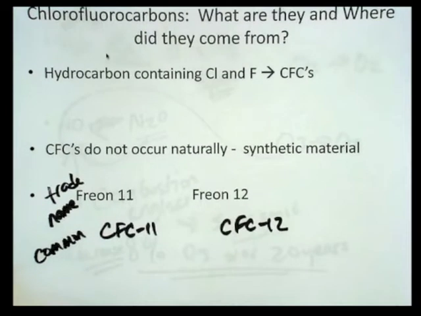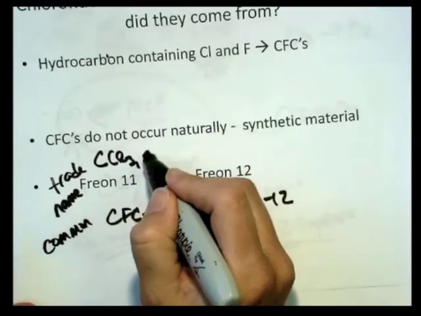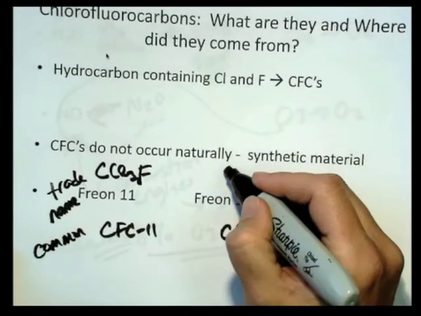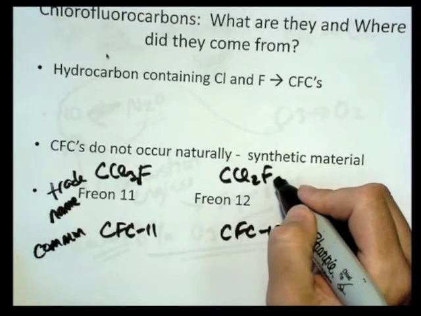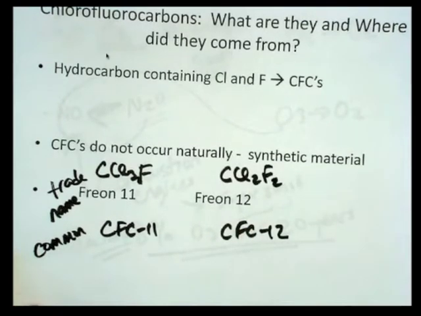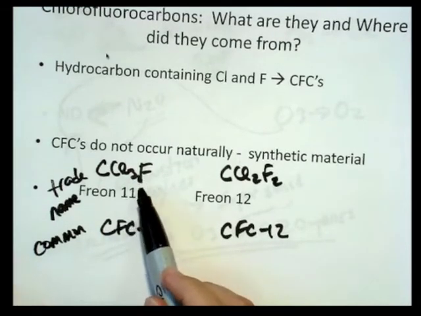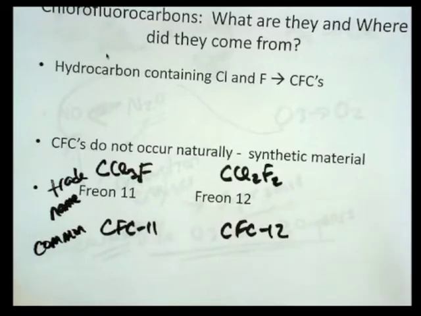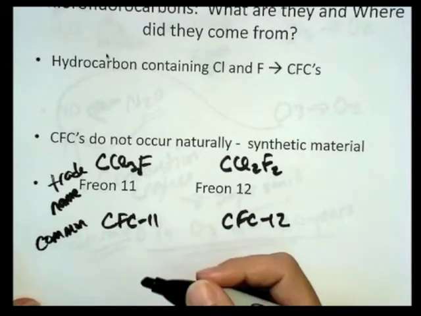Very simple molecules. Freon 11 is just CCl3F, and Freon 12 is just CCl2F2. If you do the Lewis structure, the carbon is the central atom, and these halogens, chlorine and fluorine, are in the group on the periodic table that we call halogens. The halogens are all terminal to the carbon.